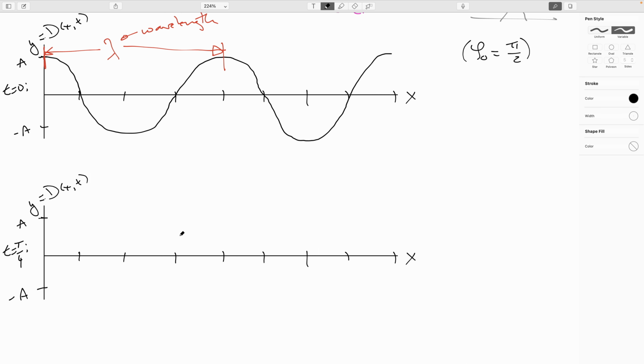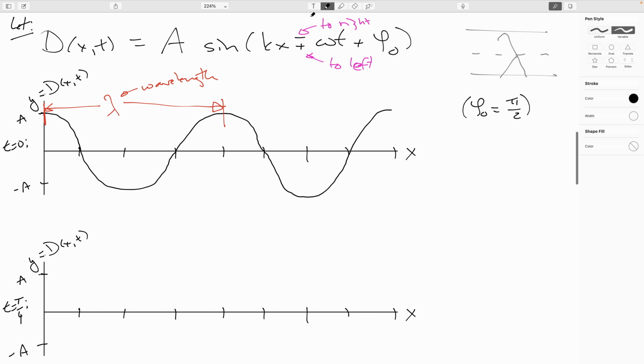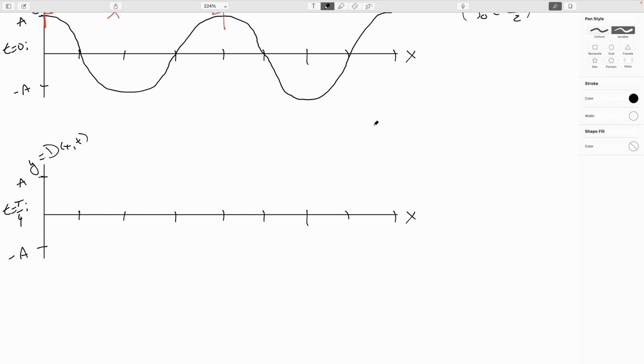So if my wave is propagating to the right, if I put in a later time, this is going to make this argument smaller. So the time that I happen to have chosen will be the one where we actually have x equals 0 at t equals 0. And then just following along from there, our wave looks something like that.